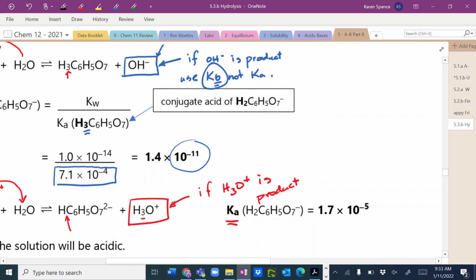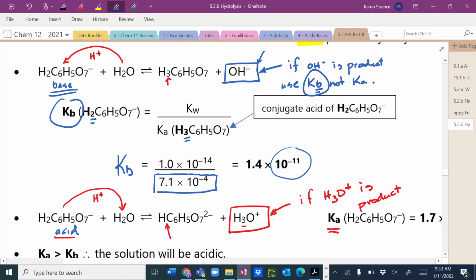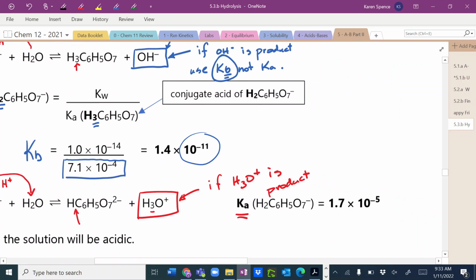So let's now compare our Kb and our Ka. Here is our Kb, and here is our Ka, and those are both for the dihydrogen citrate ion. You can see that Ka is bigger than Kb.